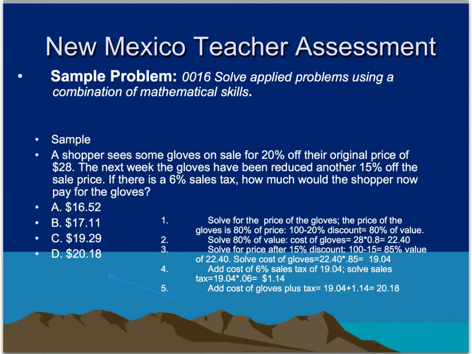The next step is finding the sales tax of 6%. You multiply 19.04 by 0.06, which is equal to 1.14. To solve, you now add the tax, which is $1.14, plus the price of the gloves, which is $19.04, for a total of $20.18. The correct answer is D.